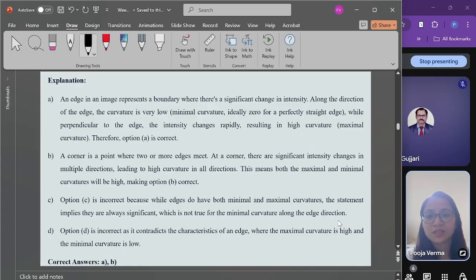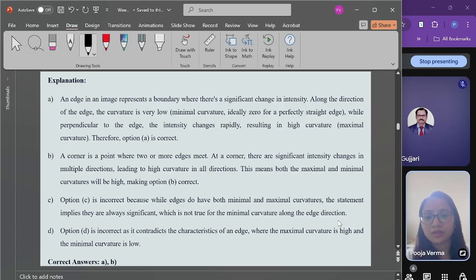But option C is incorrect because, while edges do have both minimal and maximal curvature, the statement implies they are always significant, which is not true for the minimal curvature along the edge direction. And option D is also incorrect as it contradicts the characteristic of an edge, where the maximal curvature is high and minimal curvature is low.